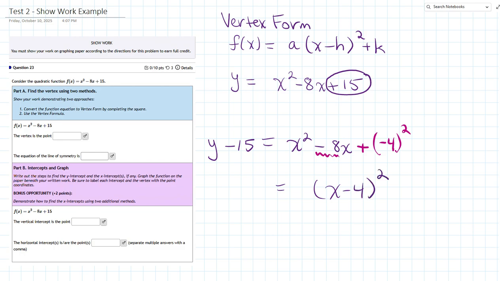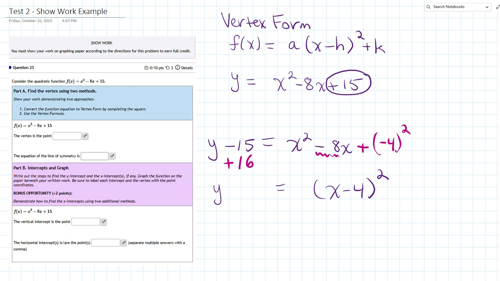Now, on the left-hand side, I have to add that same amount that I just added to the right to keep everything balanced. Since I just added negative 4 quantity squared, which comes out to positive 16, I'm adding 16 to the left side as well, so that everything stays equivalent to the function as we originally received it.